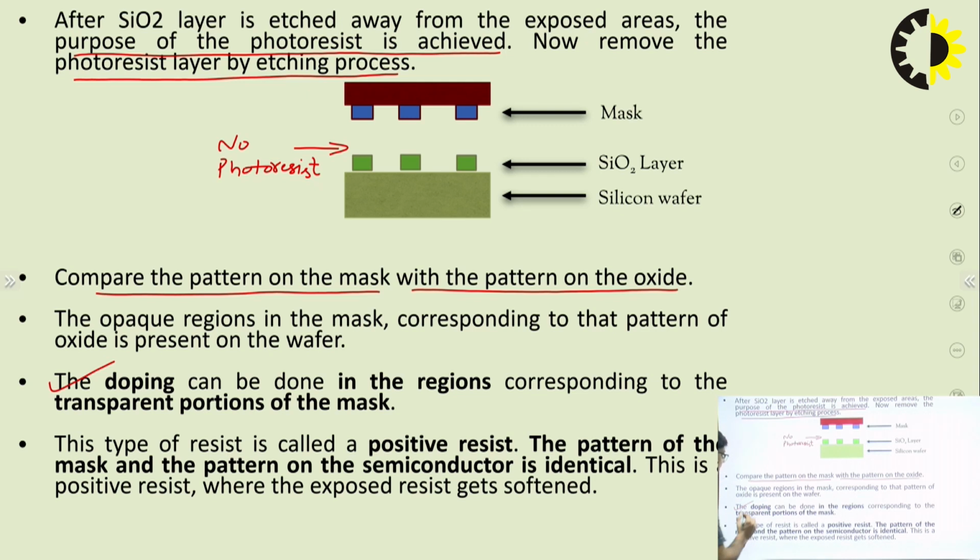Now the doping can be done in the regions corresponding to the transparent portions of the mask. As we know, this type of resist which gets softened when exposed to radiation is known as a positive photoresist. The pattern of the mask and the pattern on the semiconductor is identical.